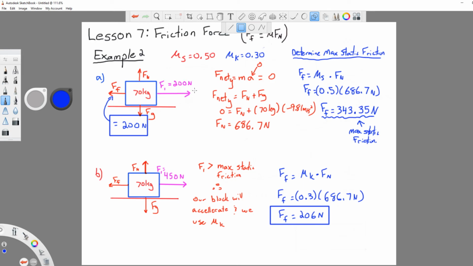So if we had a force of even 300 newtons pulling on this, we would then have a force of friction of 300 newtons. Now when we come down to B, we have a force of 450 newtons, which is strong enough to make this thing begin moving, and we can now use that coefficient of kinetic friction. All right, I think that's a pretty good wrap, and the end of example 2.